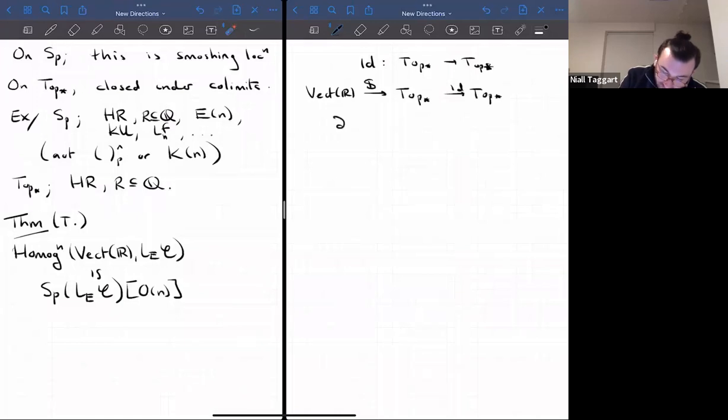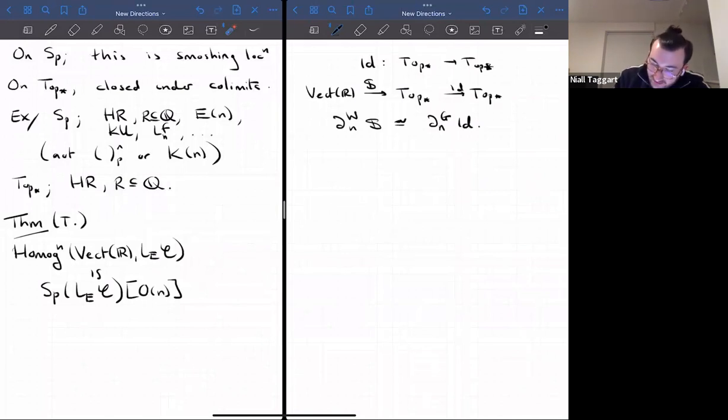And then the Weiss derivatives of this guy, without the actions, underlying are the Goodwillie derivatives of the identity, ignoring the equivariance.